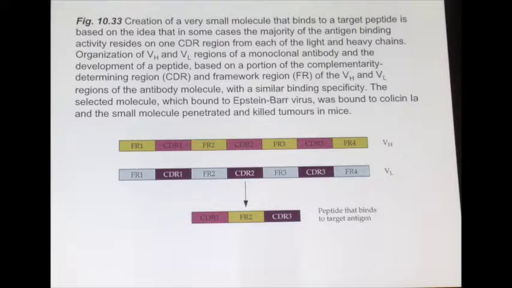Now, why that particular configuration? Basically, I think it has to do with how the molecule folds and the portions of the molecule that can interact with other portions. But in fact, this very small portion of an Fv fragment can bind to the target antigen.